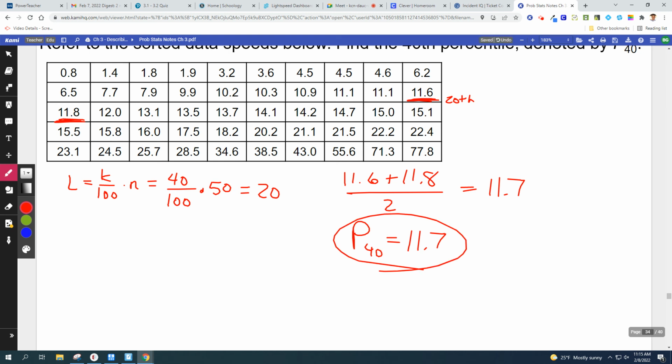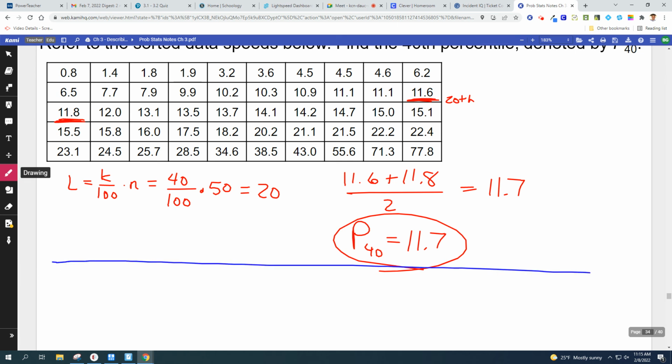Now, I want to add in another example just because I want to show you what happens when L is not a whole number. All right, so I'm going to call this example 4B. Let's find P25. Find the 25th percentile.